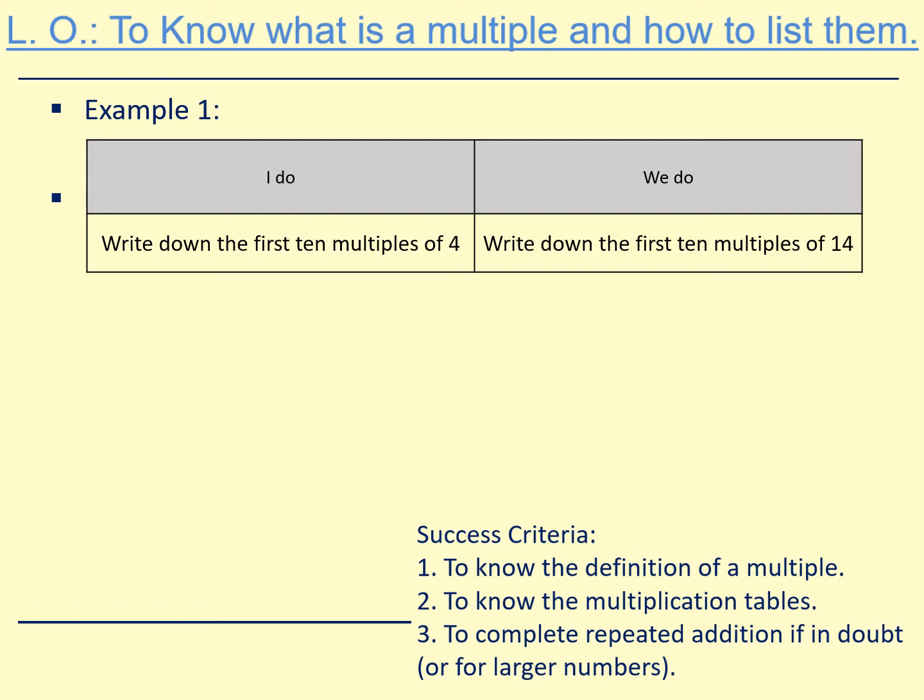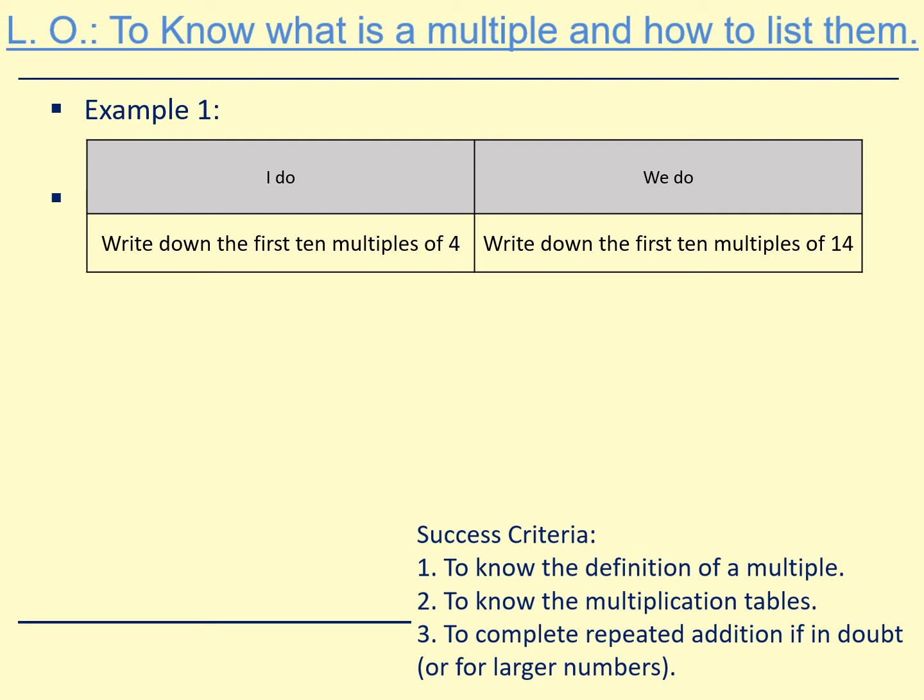Example 1: write down the first 10 multiples of 4. So multiples of 4 are numbers from the 4 times table, from the multiplication table of 4.